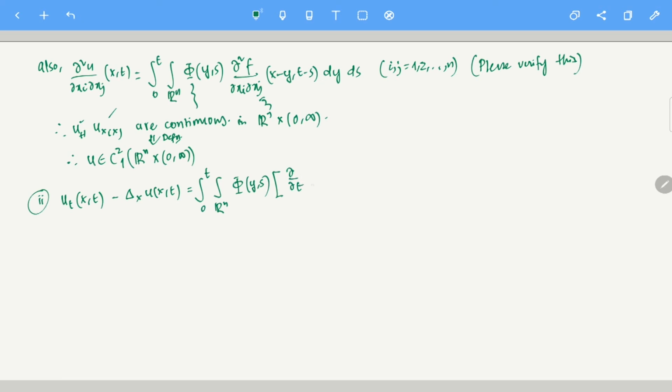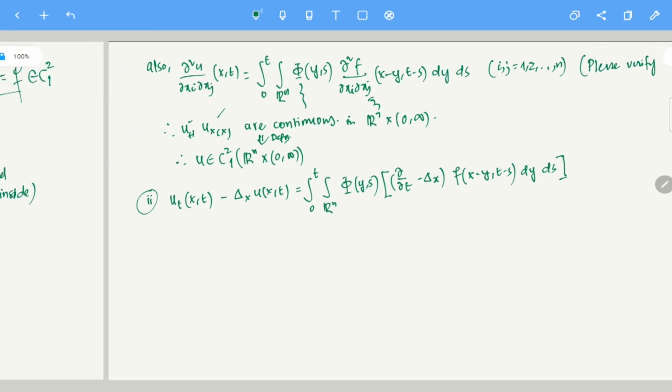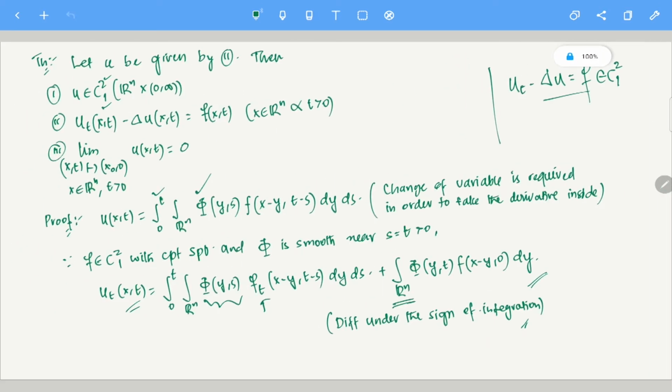Let me write it down and then I will explain. That is there. So I have the boundary term also, right?